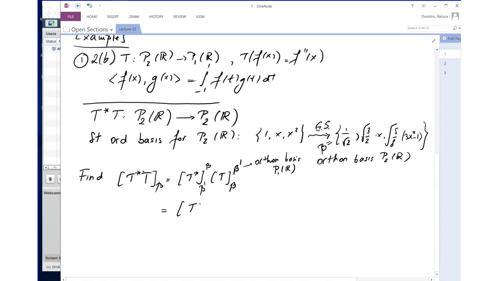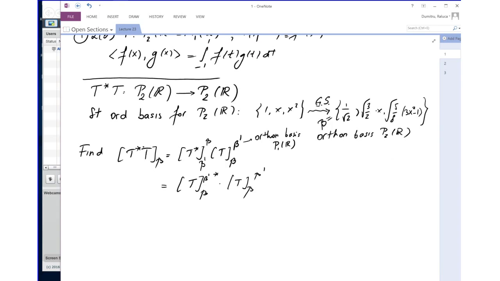However, you don't have to compute both because, being orthonormal, the star can be moved out. So you only need to find the matrix of T and then multiply it by its adjoint.